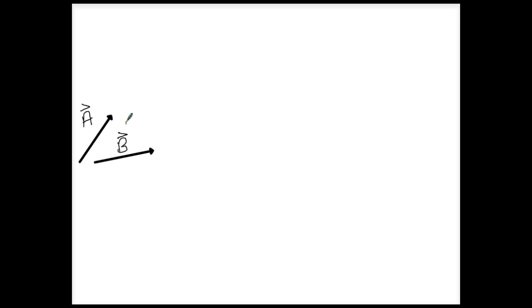All right, so let's say I take these two vectors and I want to move them around a little bit. I want to add them up. I want to know what A plus B is equal to. So I'm going to move them around so that I get them in the form of A and then B. I take the move tool and move it over so we've got some space.